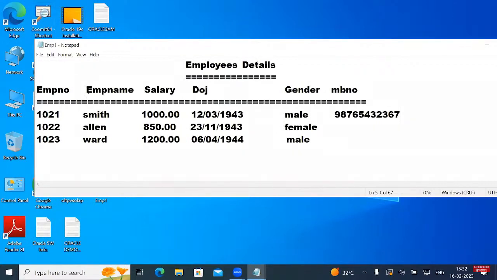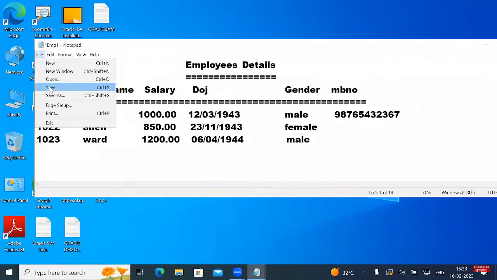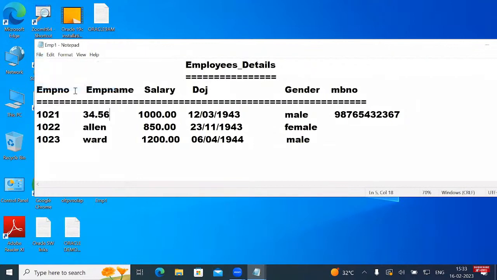For example, employee name. Which type is employee name? String type. In place of the employee name, I am giving 34 rupees 56 paisa. Which type is this? Float type. Is it allowed? Allowed. Can I save this file? I am saving. Yes, it is also allowed.